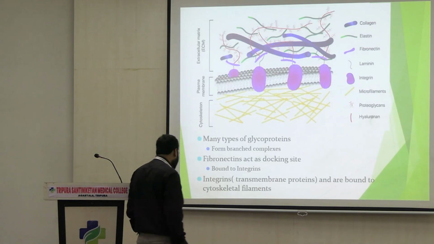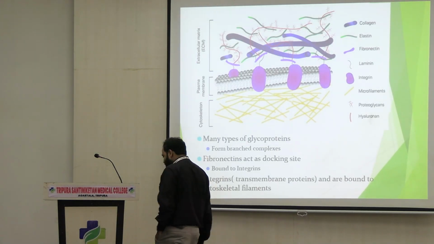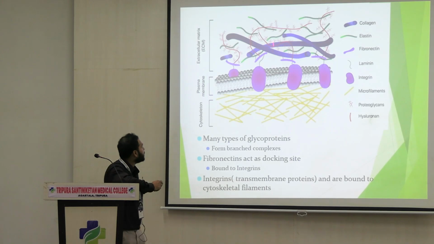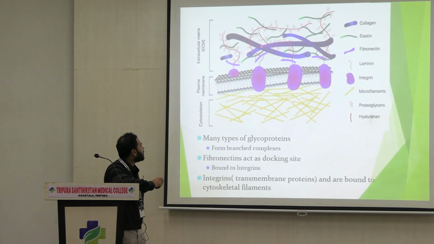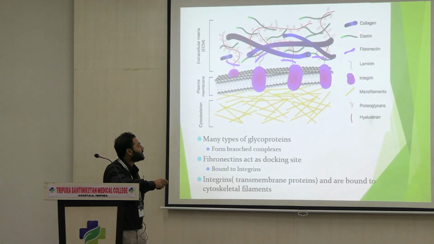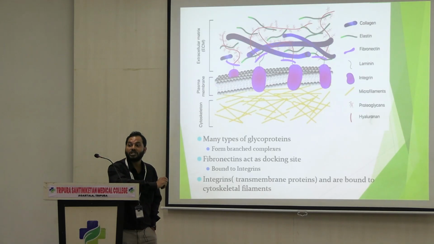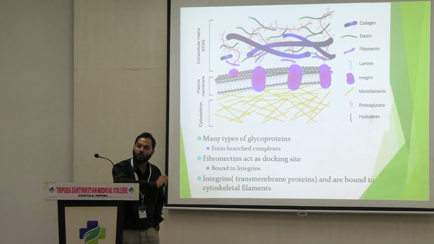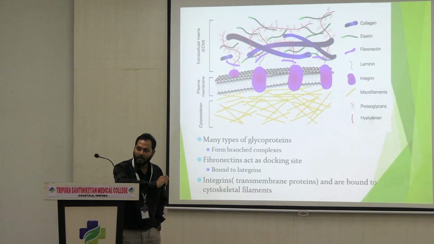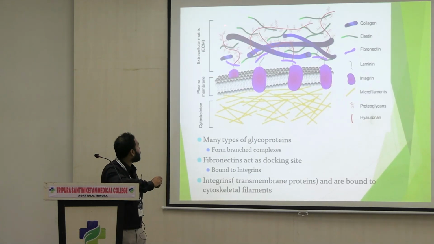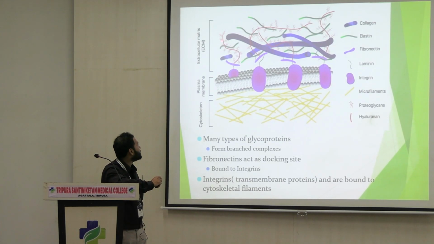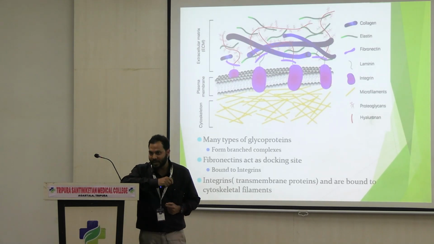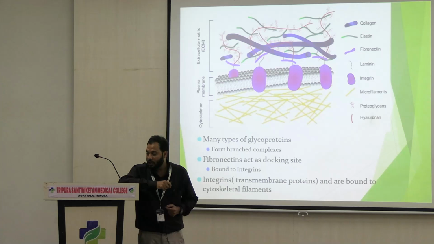Now see, this is the general organization of the molecules in the cell matrix structure. This thick line is the collagen, which is a structural protein. Along with this is elastin. This is also a structural protein, right? Other than this, you can see some branches. These branches are made up of protein and polysaccharide, called glycoprotein, right?